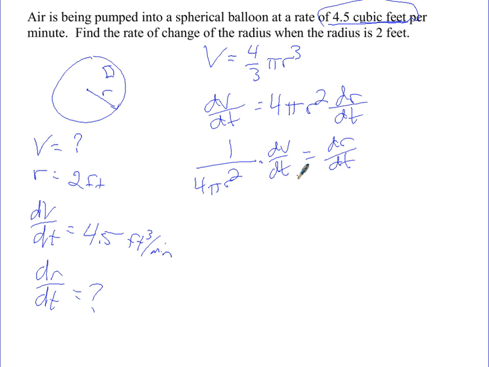Don't try to put everything in like one common fraction or something like that. Keep them separated out. Okay, so I can substitute stuff in. I have 1 over 4 pi times r squared, so 2 squared, times dV over dt, which is 4.5.